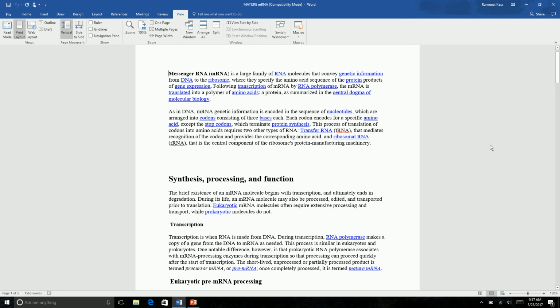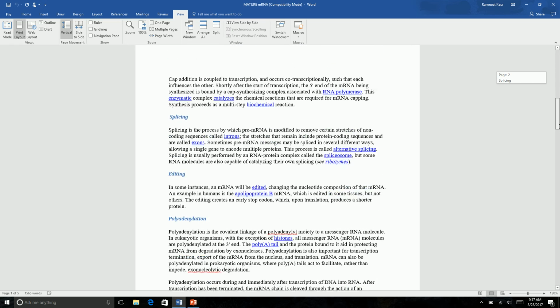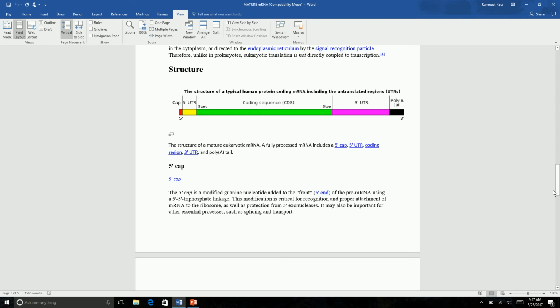This document says mature mRNA. When the information in DNA, which is in the form of a sequence, is converted into mRNA, the mRNA is made on the basis of the sequence the DNA has. Whatever the sequence in DNA, it is coded on the basis of complementary base pairing rules.